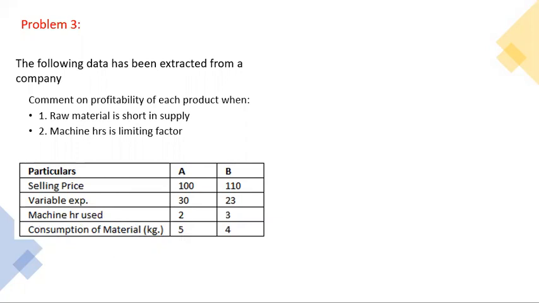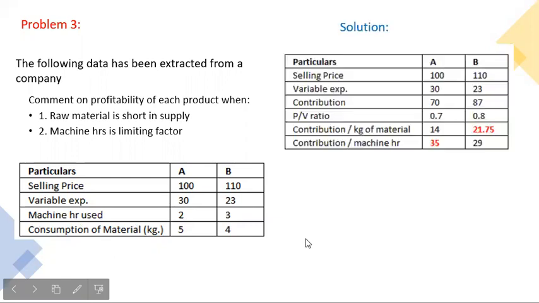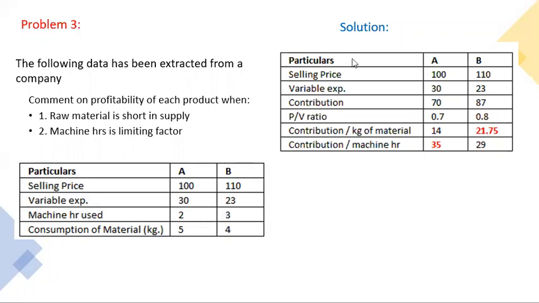Now let's solve the problem. We are writing the selling price and variable expenses and calculating the contribution. Then 100 minus 30 is 70, and likewise for B. So the PV ratio is 0.7 in the first case. PV ratio is contribution divided by selling price. And in the second case, it is 0.8.